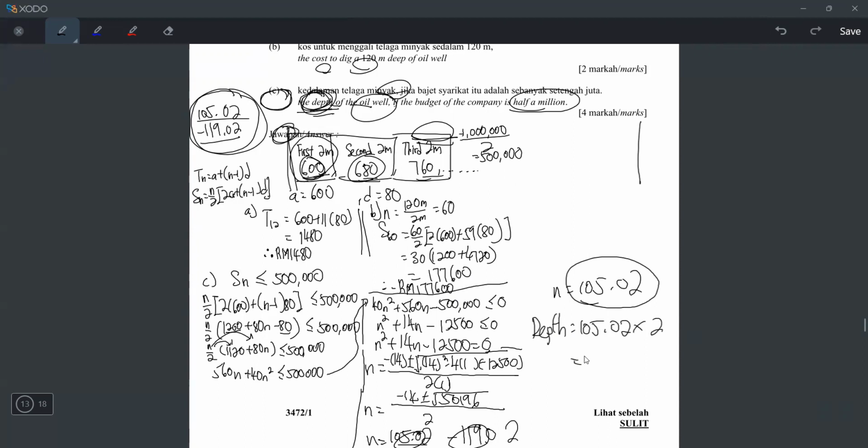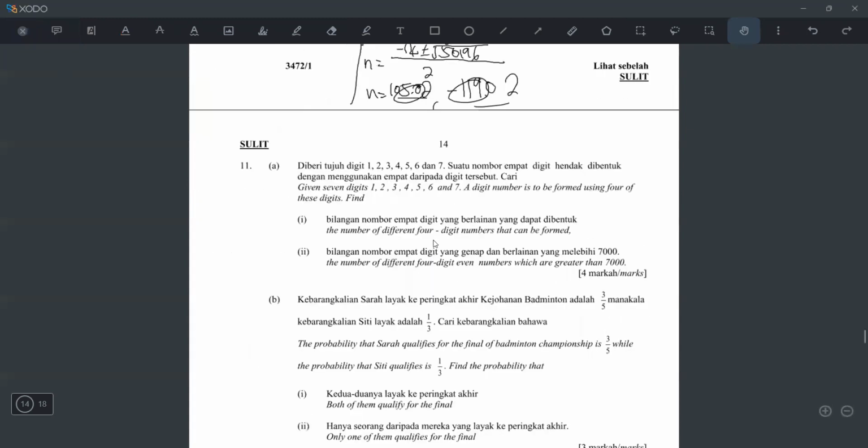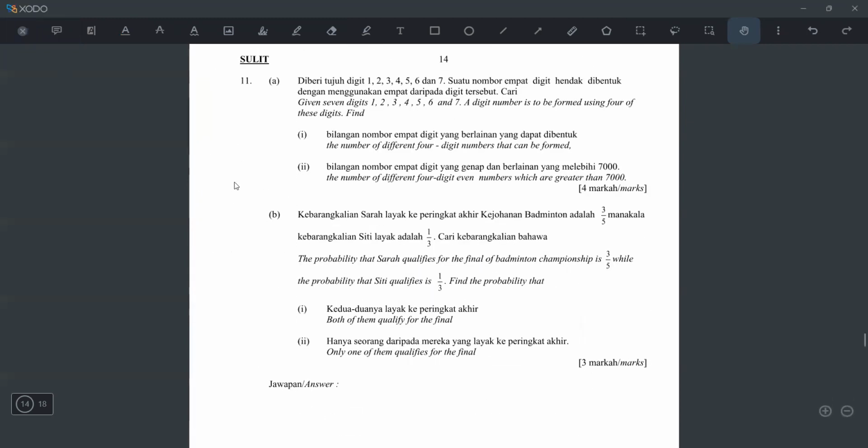Okay, what do you get here? Let's try it. 105.02 times 2. Okay, I got 210.04 meters. So I guess that's the answer. Yeah, done. Okay, number 11.